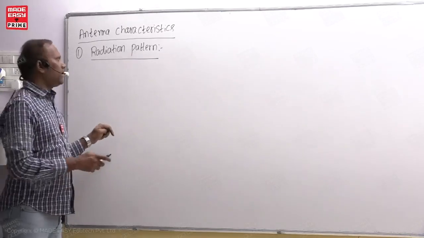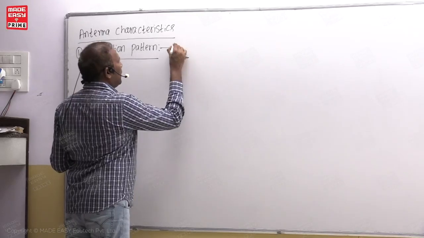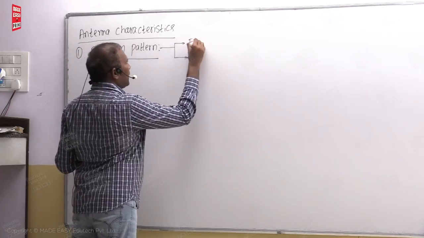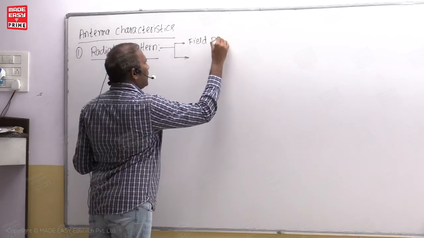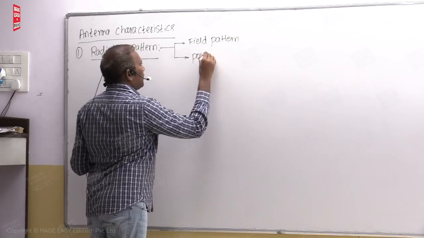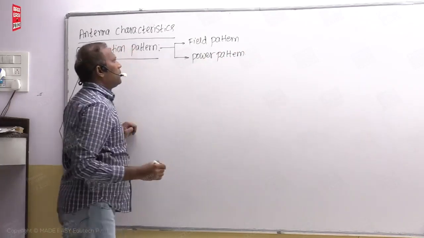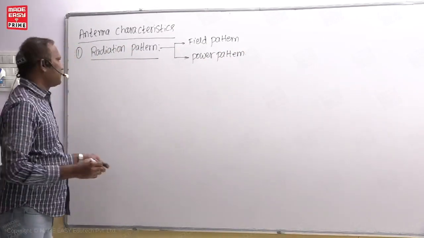Pattern means shape actually. So this radiation pattern has actually field pattern, that means electric field pattern, and power pattern. Okay. So field pattern means electric field.